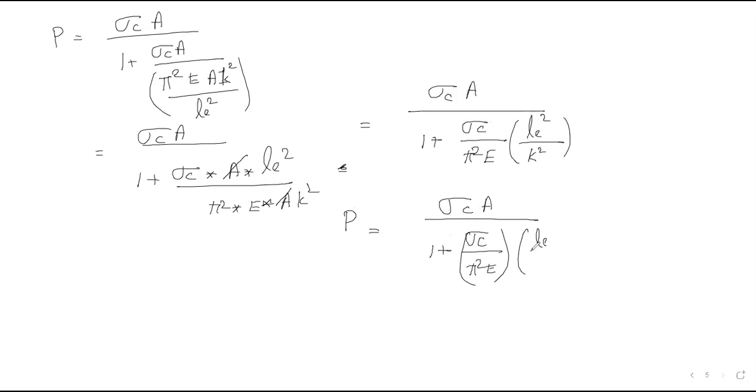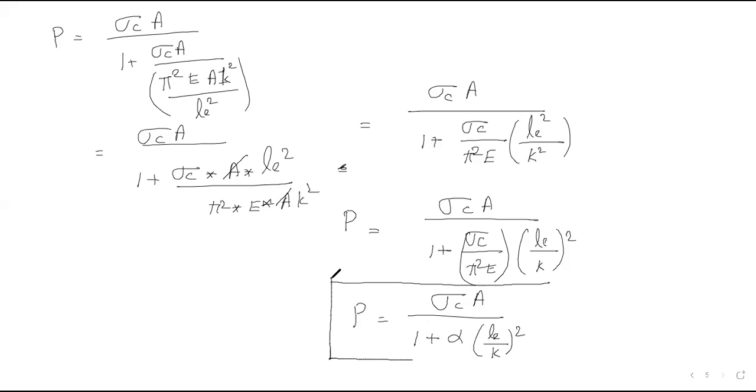I am going to rewrite this as sigma C A divided by 1 plus alpha into LE by K the whole squared. So this is the equation for Rankine's formula.